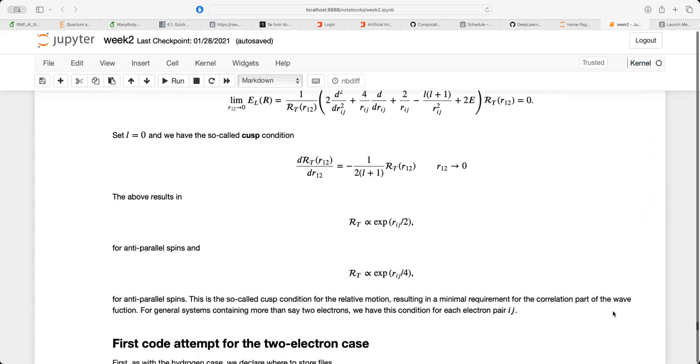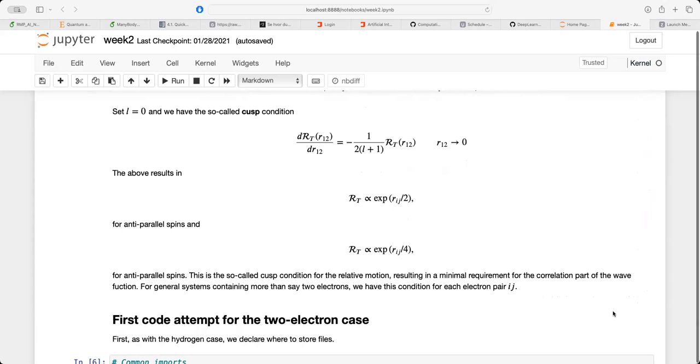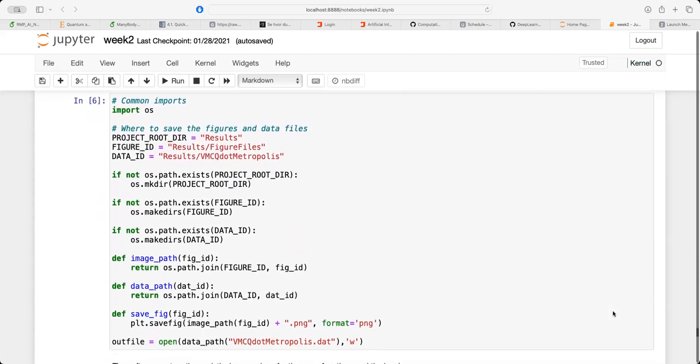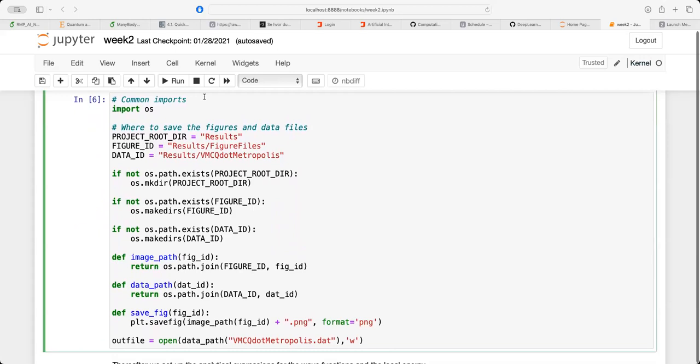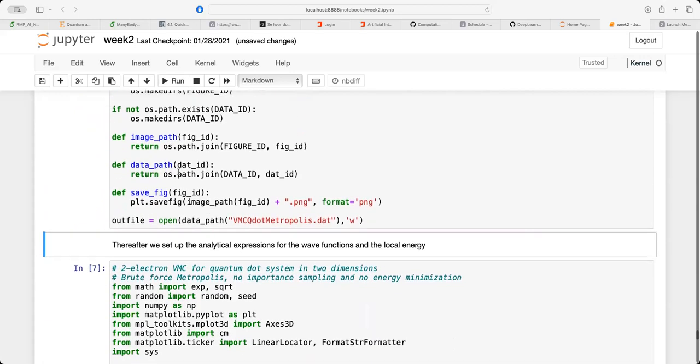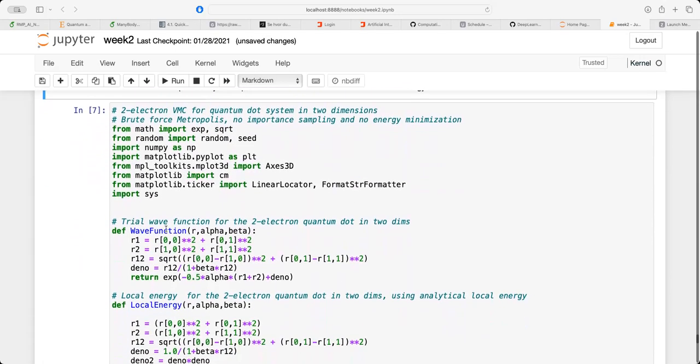And I will tell you why we have this specific form. This is something I will discuss in more detail next week, but now I simply wanted to show you the code which we can set up. So here I have a trial wave function which has a little bit more than the harmonic oscillator.